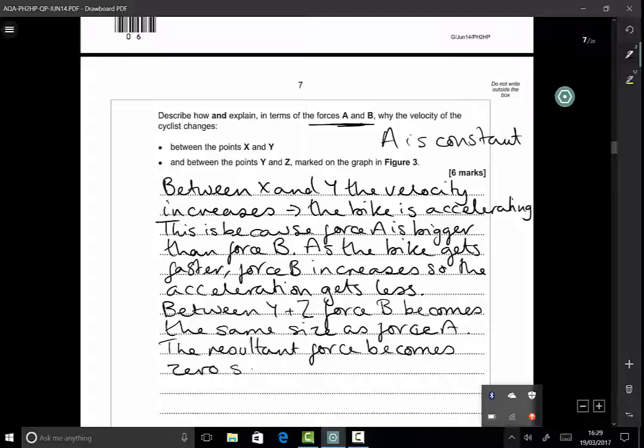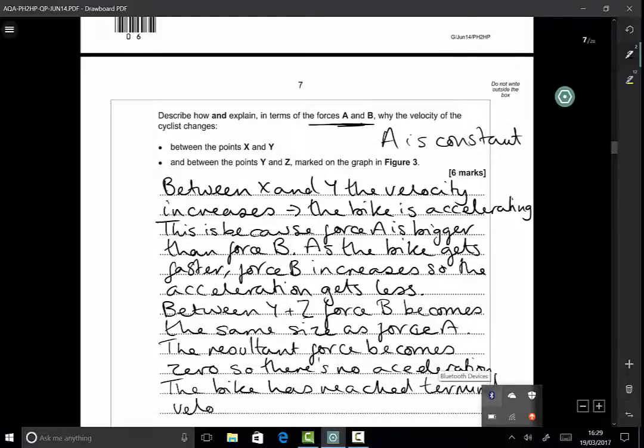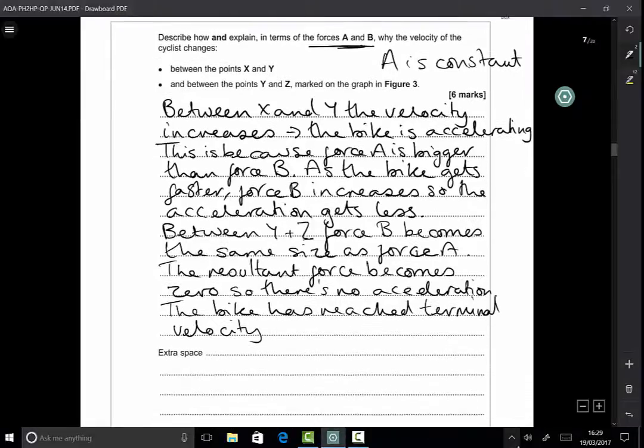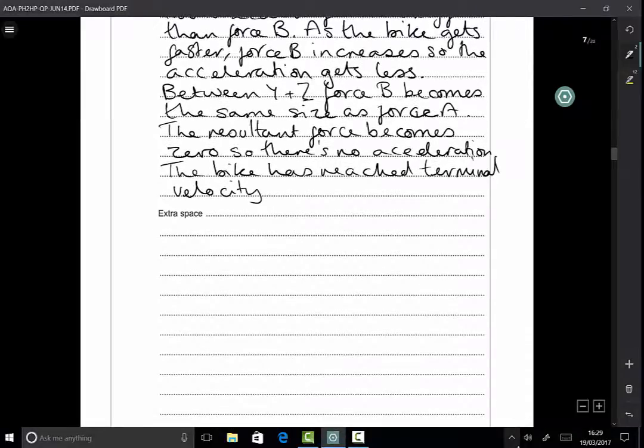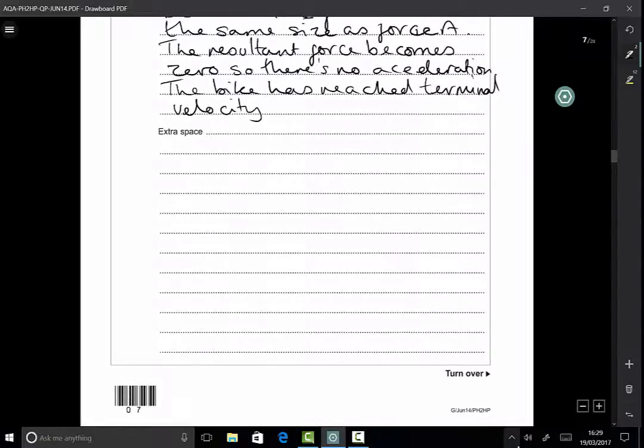So there's no acceleration. The bike's reached terminal velocity. Okay. And see, I don't need to use this extra space at all. You should only really be going into the extra space bit if you've got big handwriting.